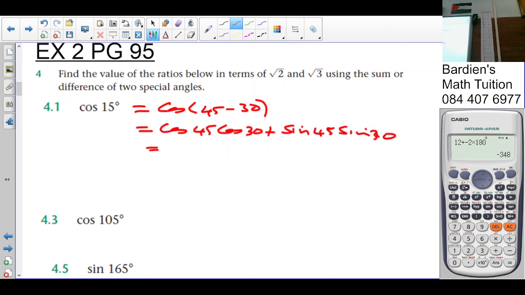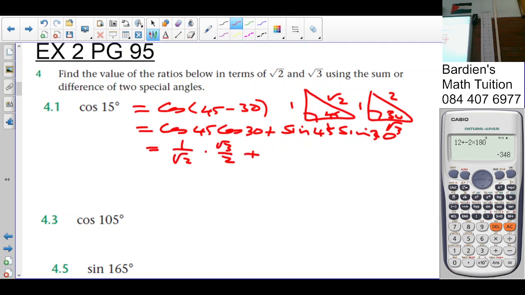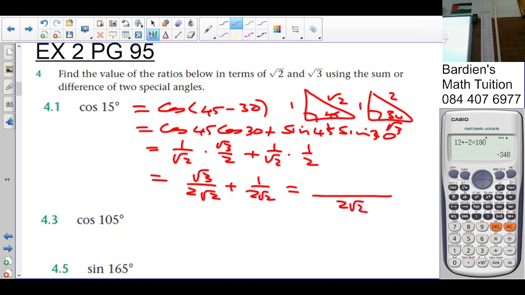Okay, cos 45, again take it to the special angle: 1, 1, root 2, and for 30: 1, 2, root 3. So cos of 45 is 1 over root 2 times root 3 over 2, plus sine 45 is 1 over root 2 times 1 over 2. So that gives us root 3 over 2 root 2 plus 1 over 2 root 2. Denominators are the same, so you can add the numerators. So it's going to be root 3 plus 1 over 2 root 2. Okay, is that correct? Right?